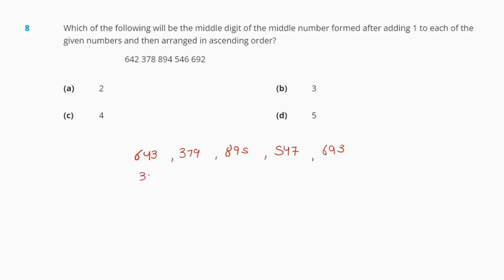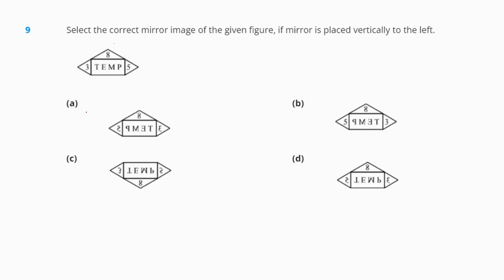It will be 379, 547, 643, 693, and 895. Now we have to take middle digit only, middle number. So answer C is a correct answer, that is 4. Moving on to the next question.